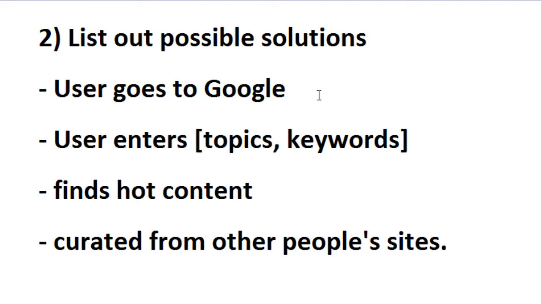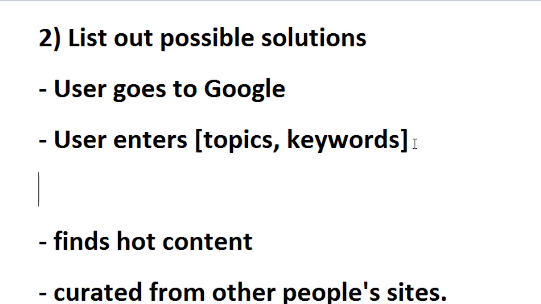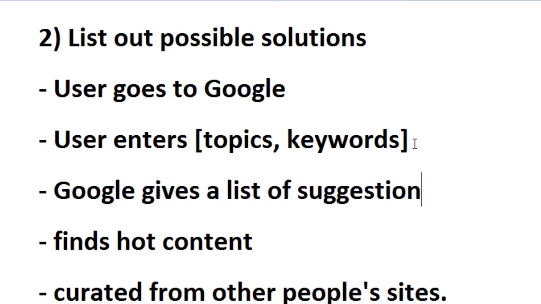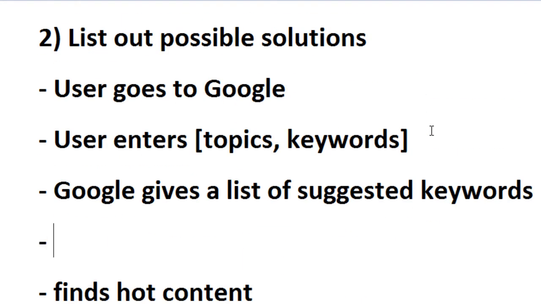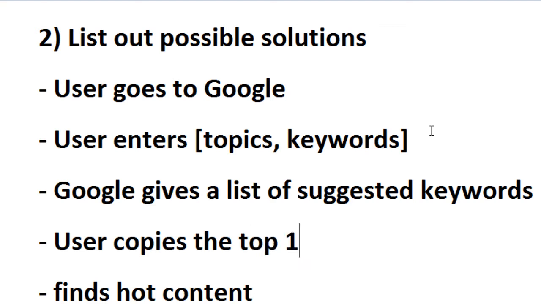User goes to Google. User enters topics and keywords. Google gives a list of suggested keywords, suggestions. And the normal process is that the user copies the top 10 suggested keywords.